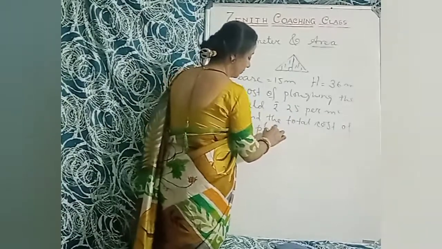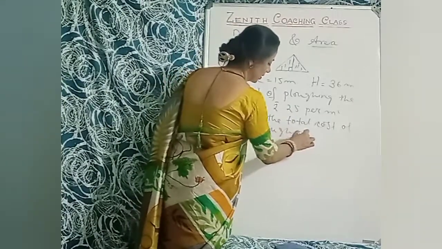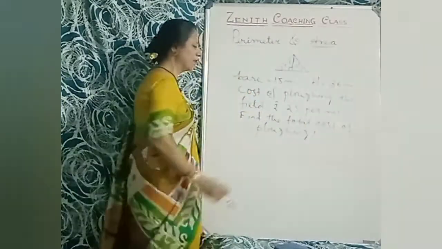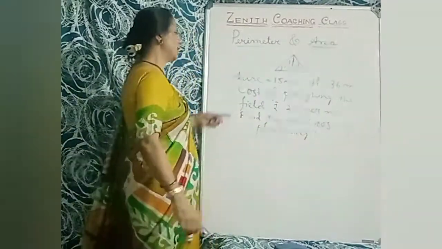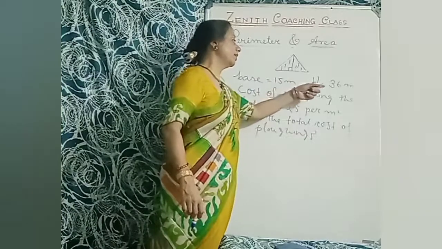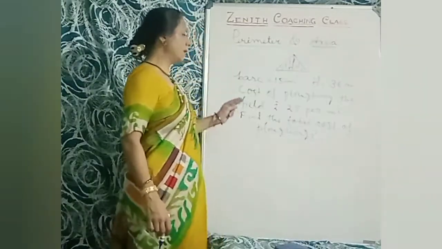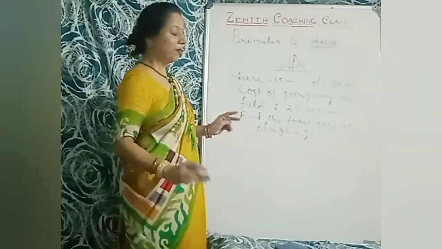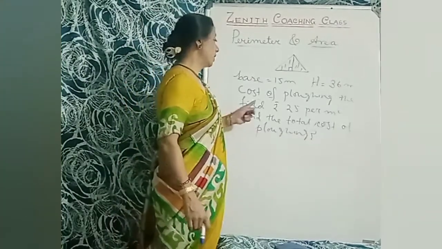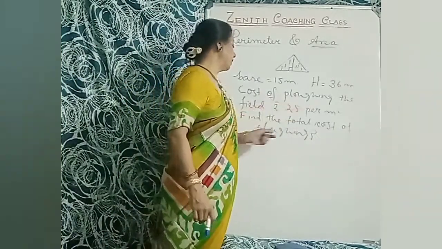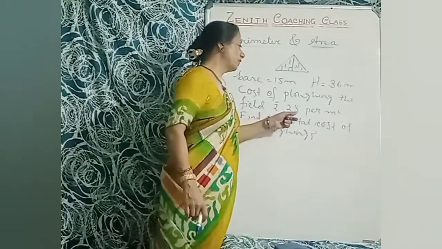Okay, it's a random sum I'm teaching. So let's think base equals 15 meter, height equals 36 meter. For the cost of plowing, I didn't ask for area, but you have to find out the area. Now the cost of plowing the field is rupees 25 per square meter.